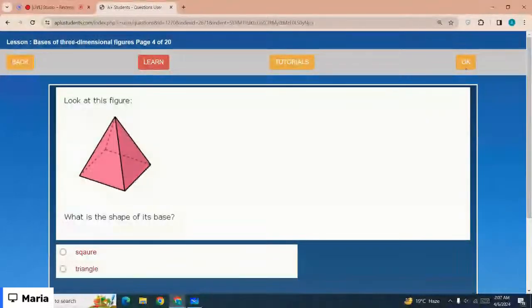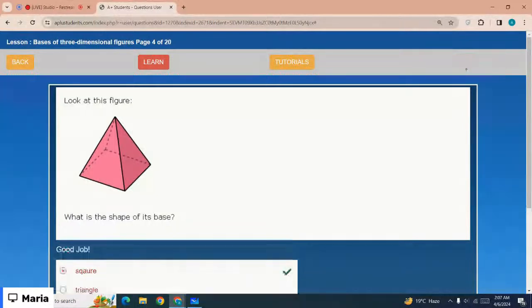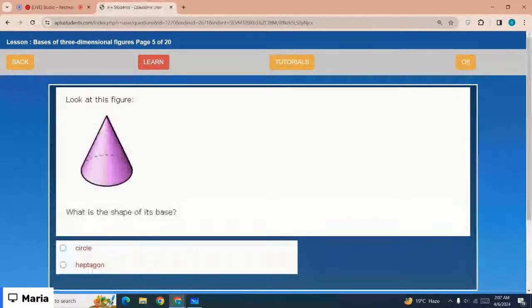Yes, that is a square. That is a pyramid, right? Sorry, prism it is. Look at this figure. What is the shape of its base? Which is the correct option? Yes, that is a circle. The correct option is circle.